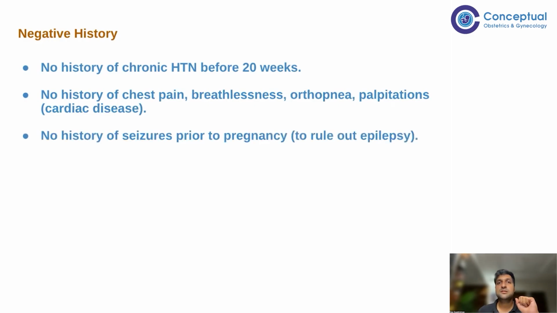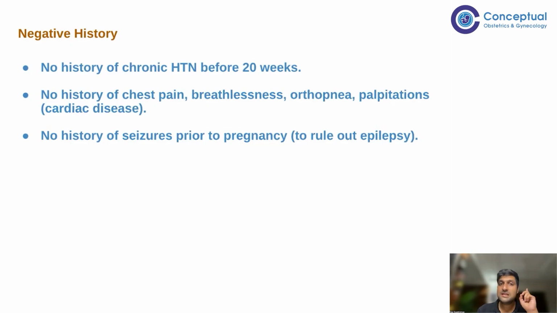No history of seizures in the past. Why? What if this patient has been admitted because she had an episode of seizure and her BP was 140/90, and you immediately diagnose that it is eclampsia. This is eclampsia, so sure shot eclampsia. And when you do not take this history, and she does not reveal to you that maybe in the childhood also she had an episode of seizure, you have missed a diagnosis of epilepsy, and you have labeled the person as eclampsia.